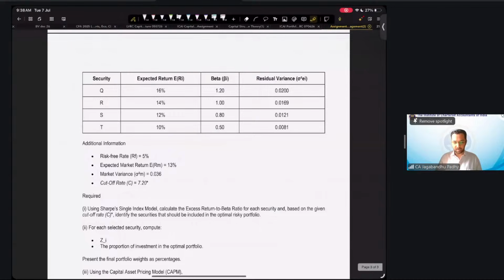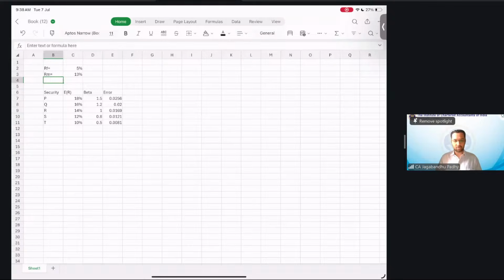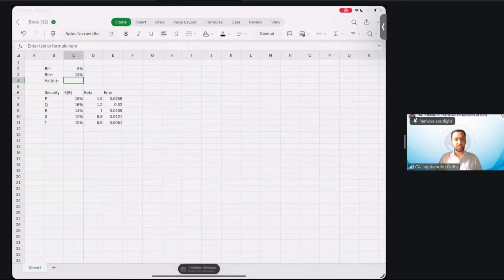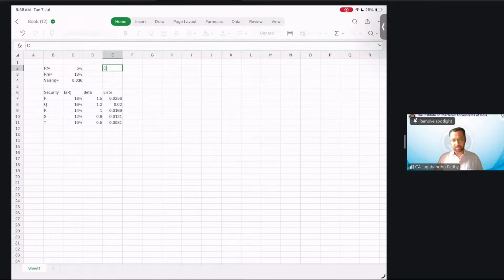Variance of the market is 0.036. And the cutoff rate, or C star, we have the C star value, cutoff rate, as 7.2.